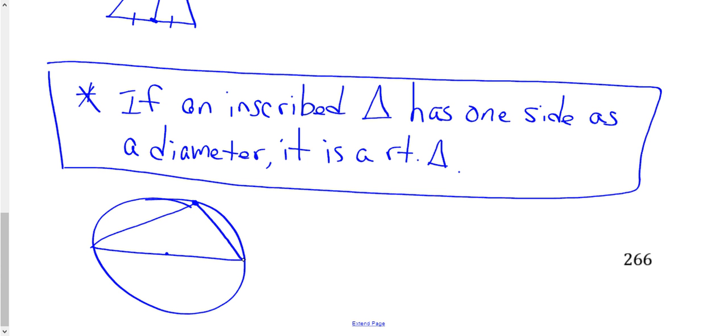So that means this is a right angle, a 90-degree angle, and that is a right triangle. So maybe you're thinking, what happens if this point is over here? Same. Anywhere, same. It's still a right triangle. Got that? So it has to be inscribed, and one side has to be the diameter of the circle. All right? So let's keep that in mind. Let's go back to a couple of these constructions here.